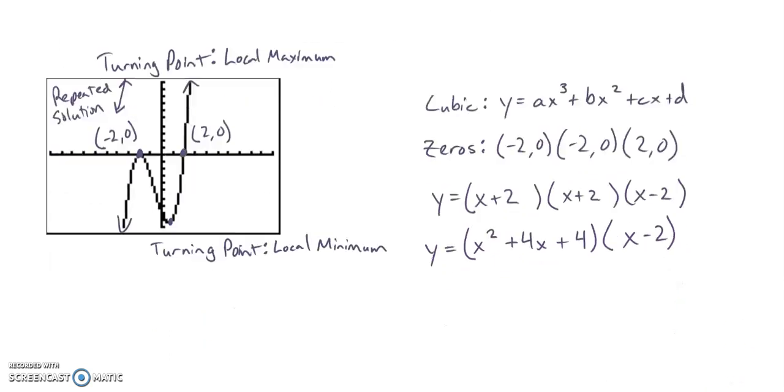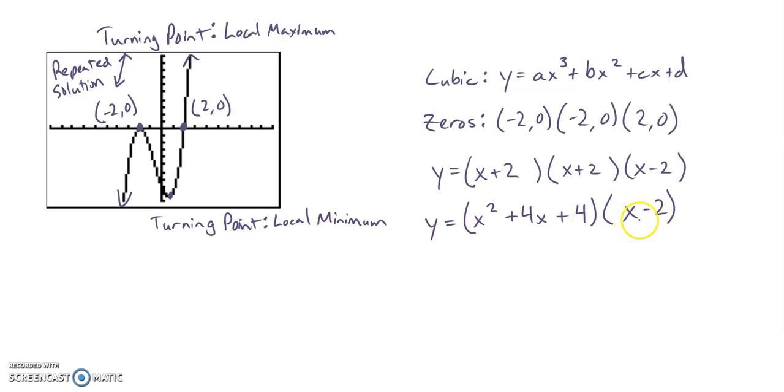Now I need to distribute every term in this trinomial to every term in this binomial. x squared times x, x squared times -2, 4x times x, 4x times -2, 4 times x, 4 times -2. Then combine my like terms.